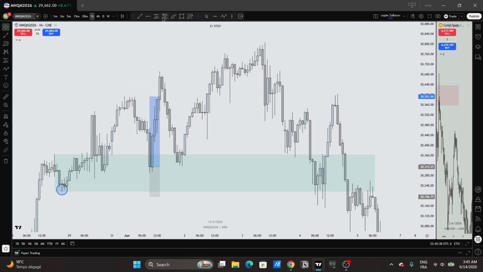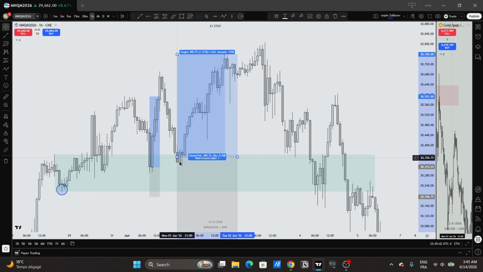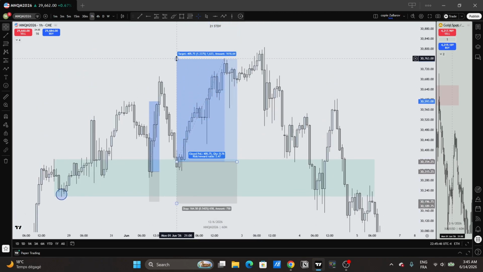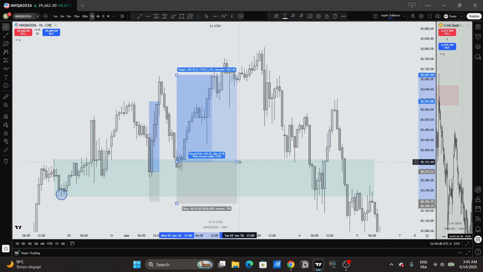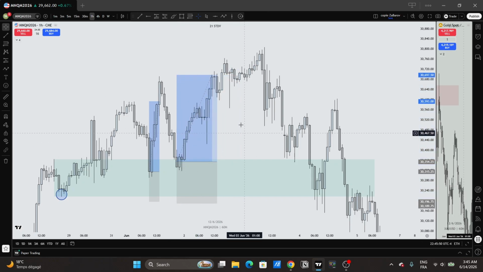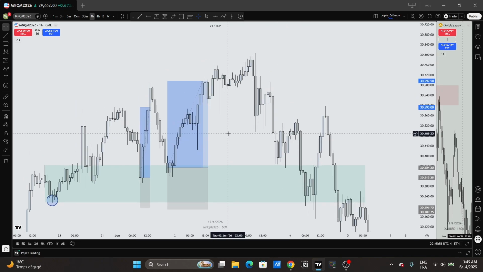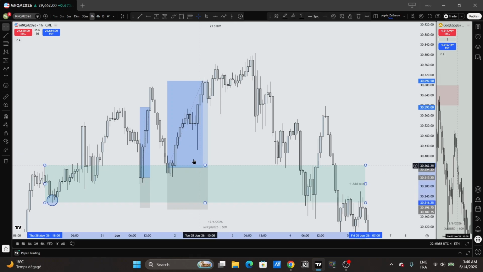And then after a while, he saw the market went down and tapped his zone again. He took another position from here, another TP at the recent high. That's a 2 RR again. For these two it would have failed, but let's just focus on whether this zone is working or not.